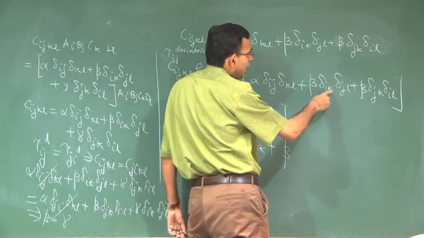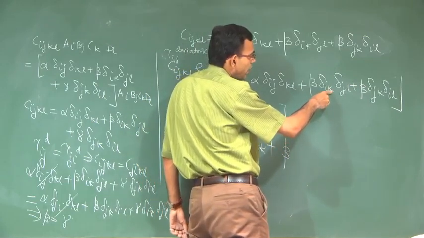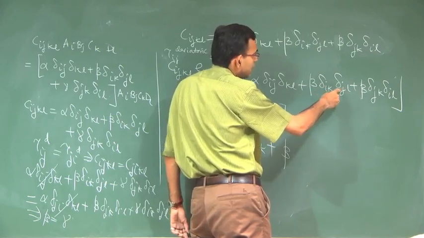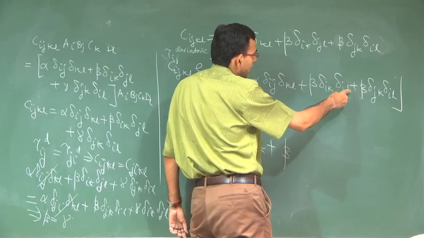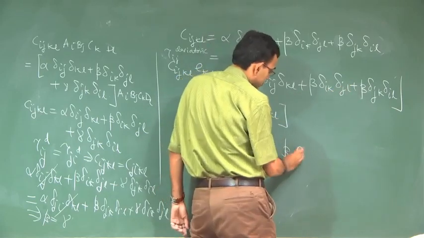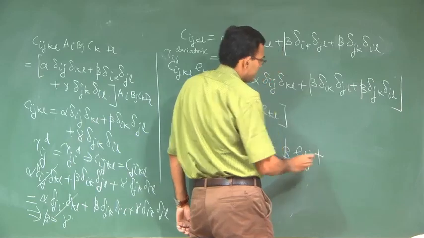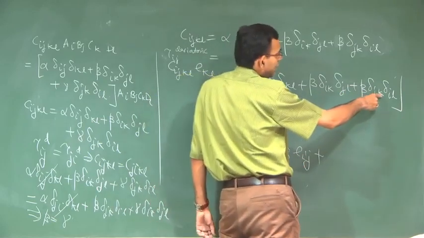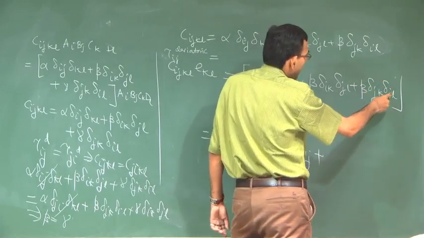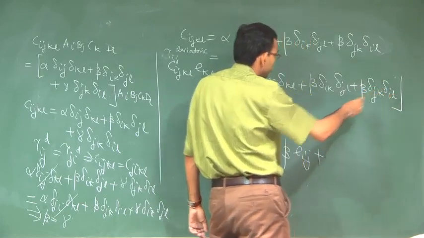Again delta ik will be equal to 1 when k equal to i, and delta jl will become 1 when l equal to j. So, this will become eij, plus delta jk will become 1 when k equal to j, and il will become 1 when l equal to i.